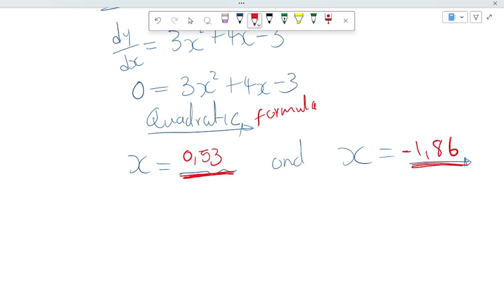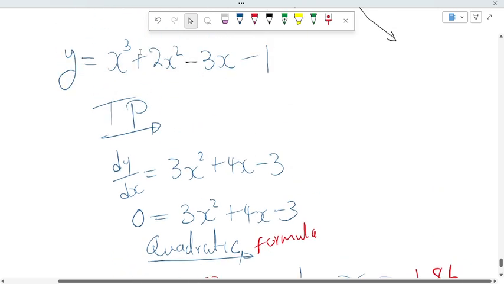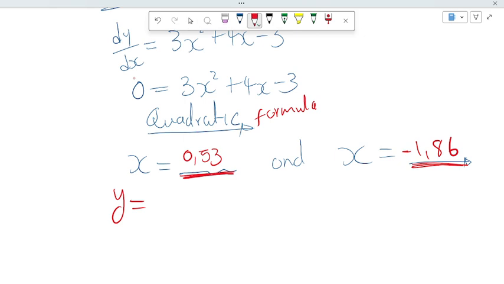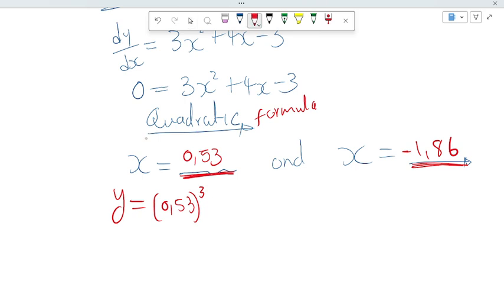So to find the y value, you go back into the original equation and put in the values that you found. So you're going to go 0.53 squared, minus 2 times 0.53, minus 1, just like that.